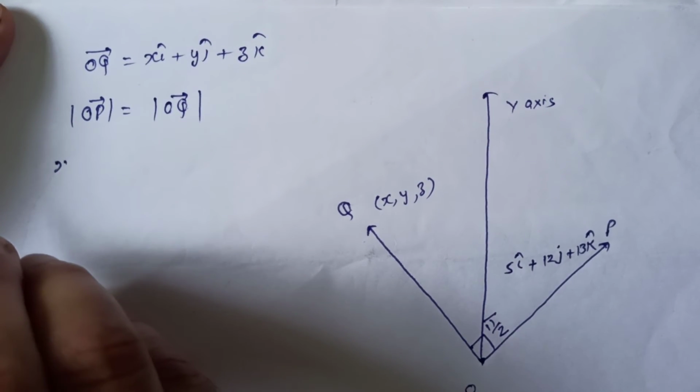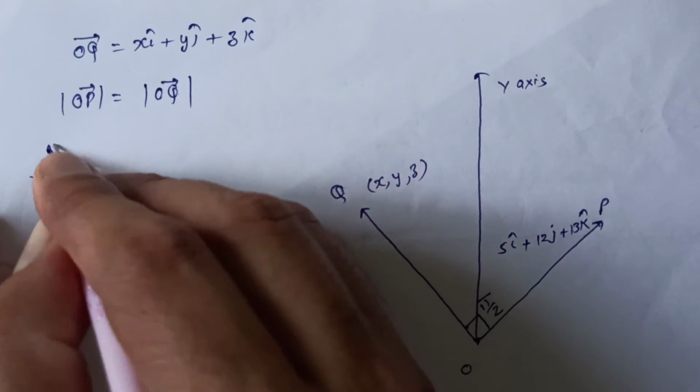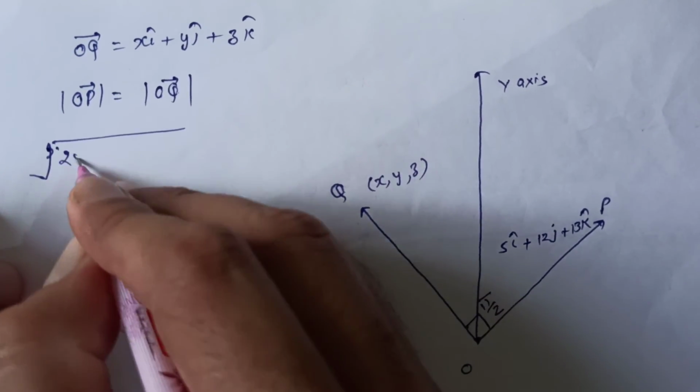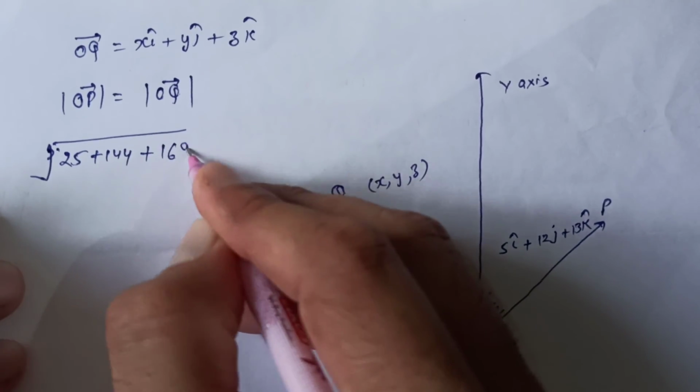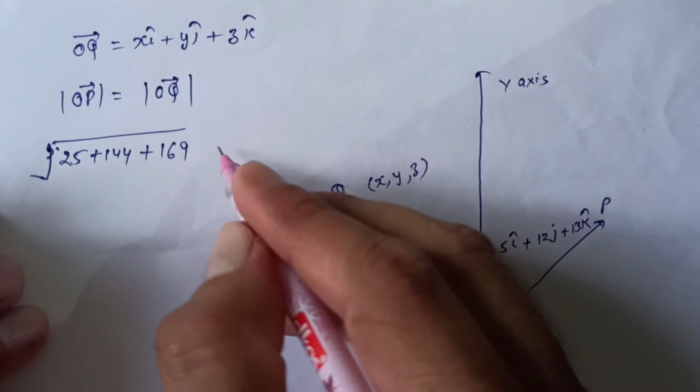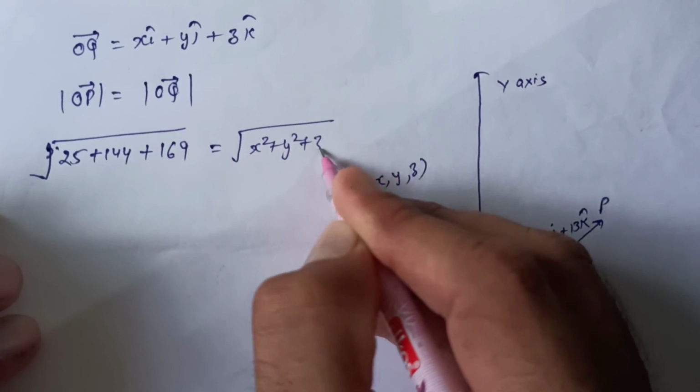Vector OP is given to be 5 i cap plus 12 j cap plus 13 k cap. So the magnitude squared is 25 plus 144 plus 169, which will be equal to x square plus y square plus z square.